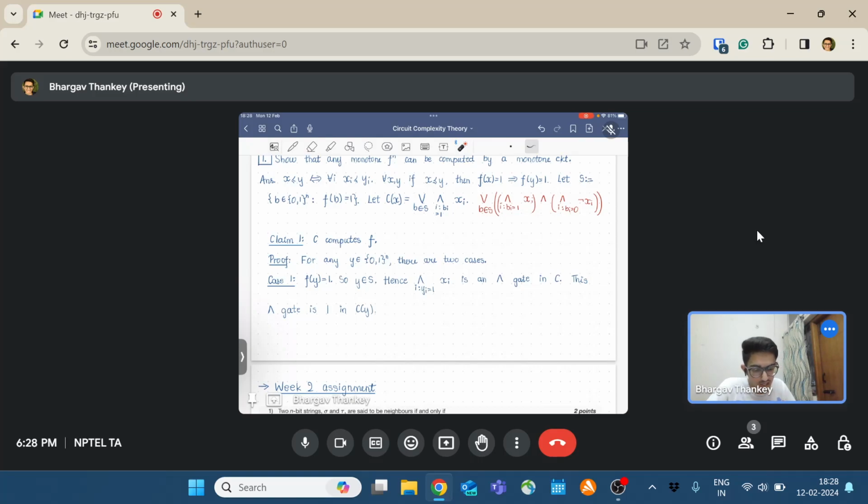Yes. And what would that gate look like? It would look like this. So over here, you have a gate corresponding to B. If I replace B by Y, then this is what the AND gate becomes, right?